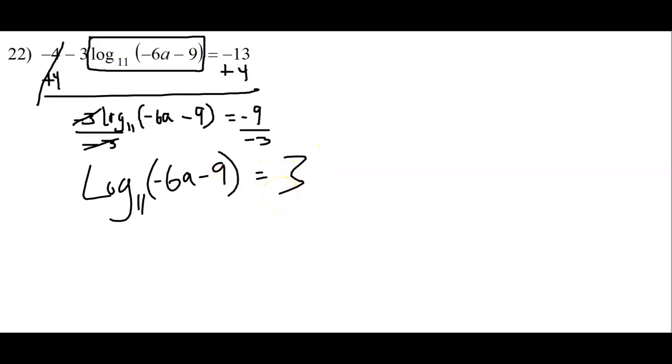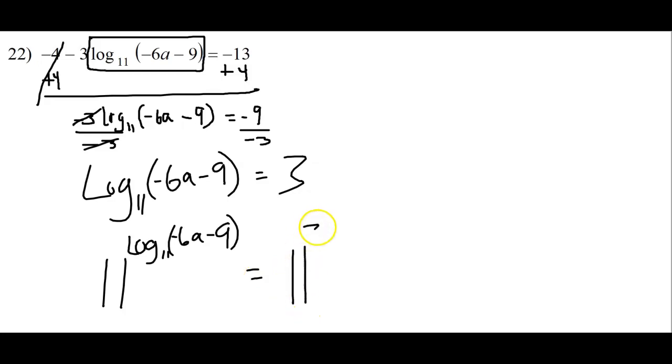Once you got the log by itself, you're going to exponentiate. And then on the left side of the equation there, the 11 cancels the log.